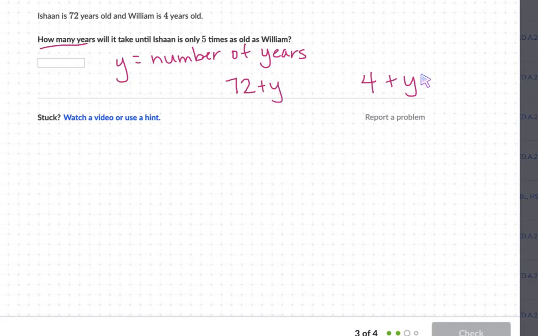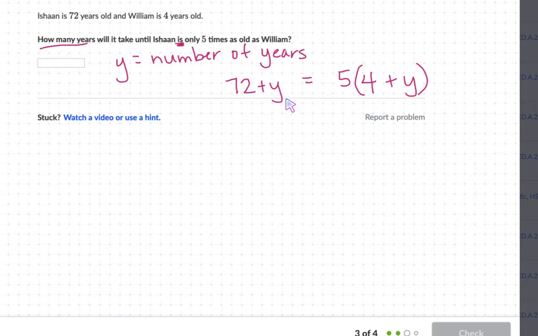So however old William will be in however many years we're talking about, we're going to be able to take William's age and multiply it by 5. And then that will be equal to Ishan's age. Okay, so we're saying Ishan is 72 now.